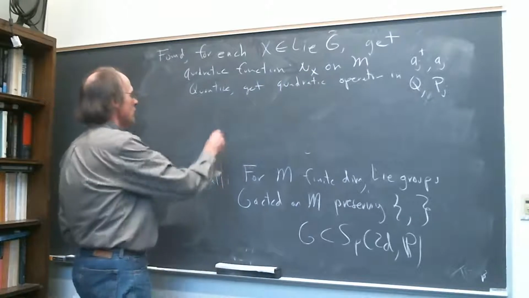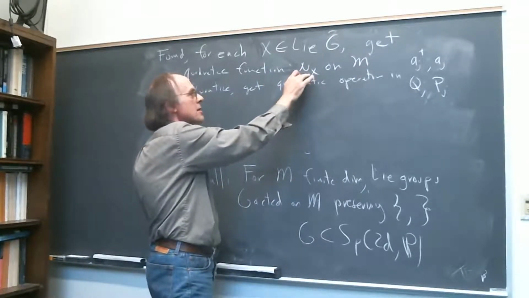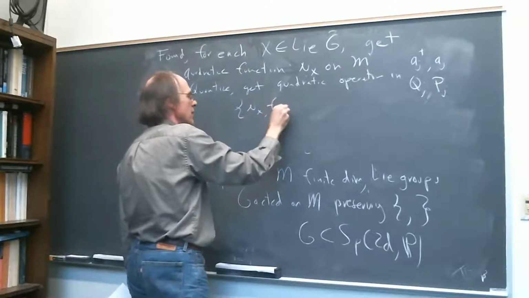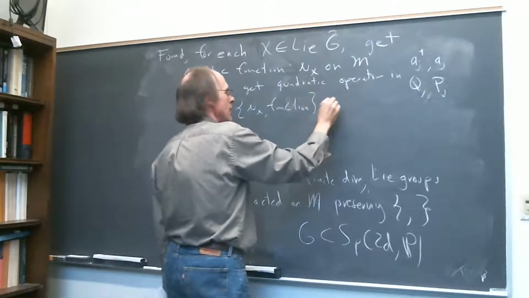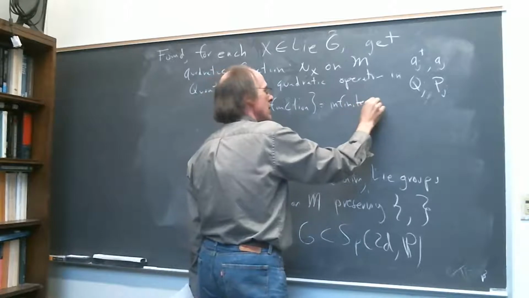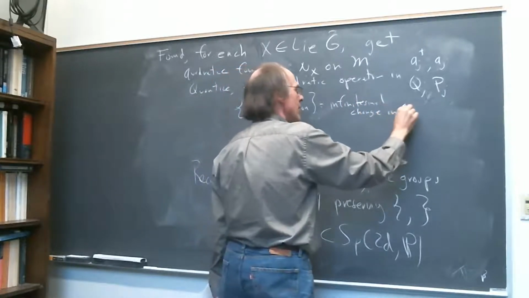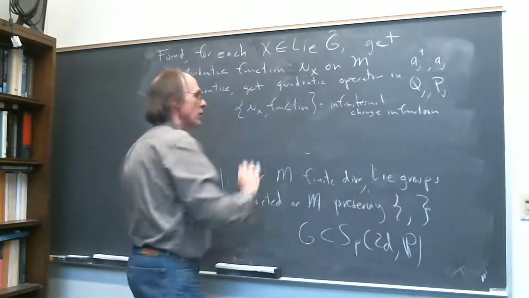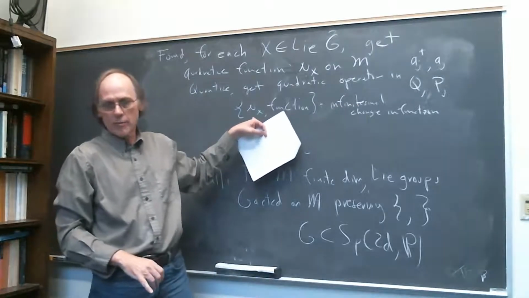Roughly, the Poisson bracket by mu sub x of a function is going to be the infinitesimal change in the function. You can say more precisely what this means if you look at the definition of the moment map.